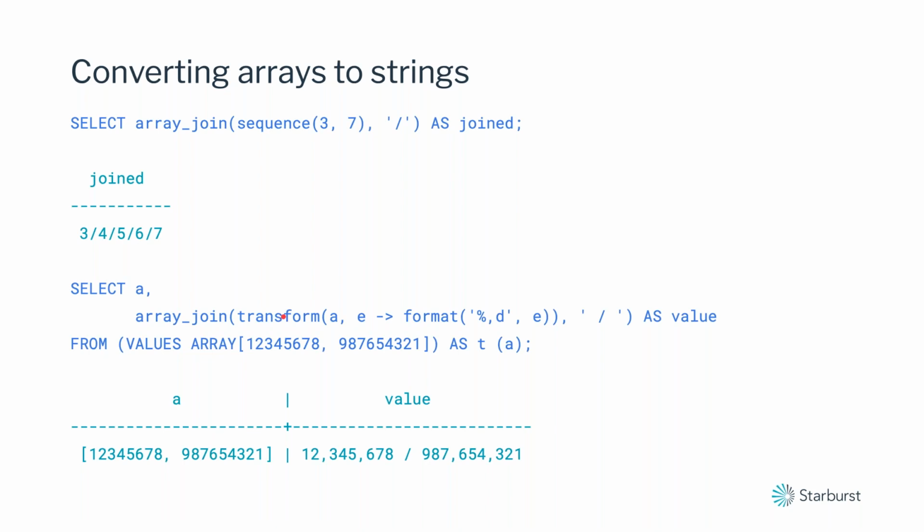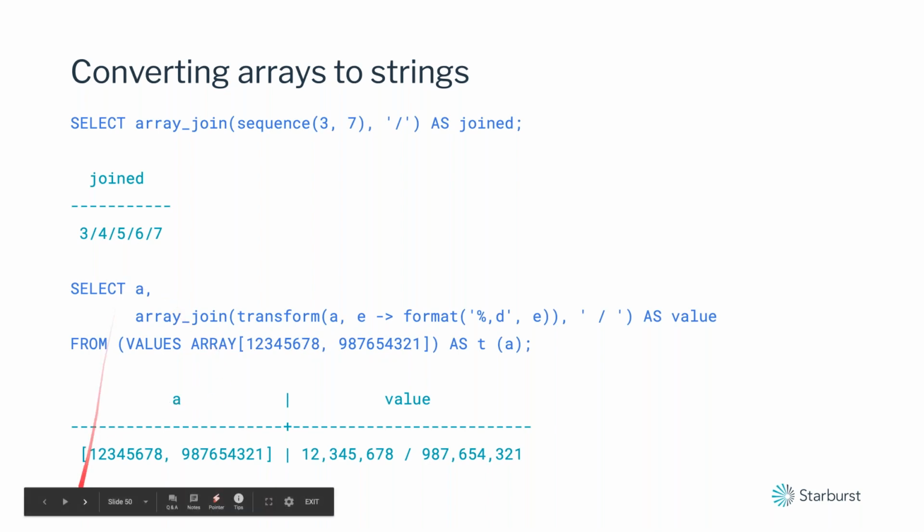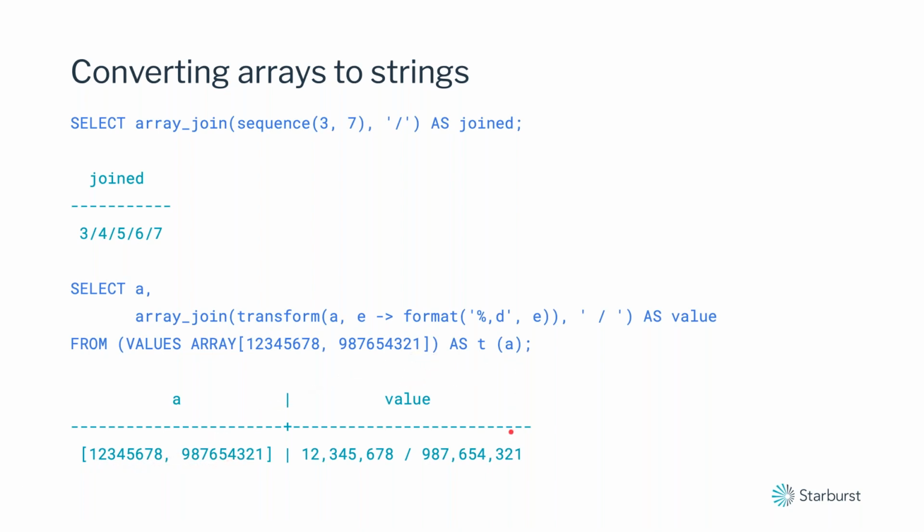We can see a more complicated example of this. We've got an array with these large numbers here, which we'll select out. You can see this is what the array looks like, and we want to transform the values in the array. The first thing we're going to do is use the format function that we saw earlier to convert the integers into strings with commas.